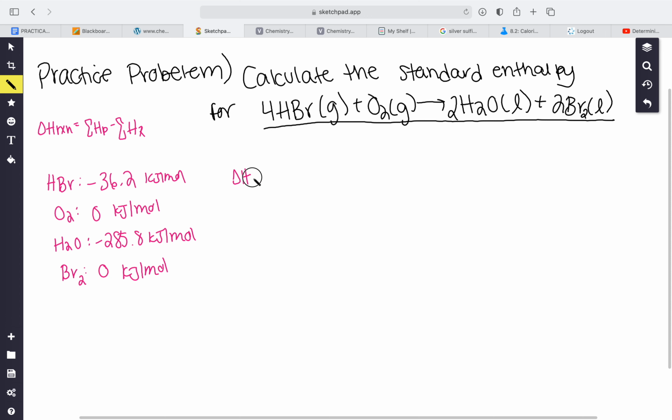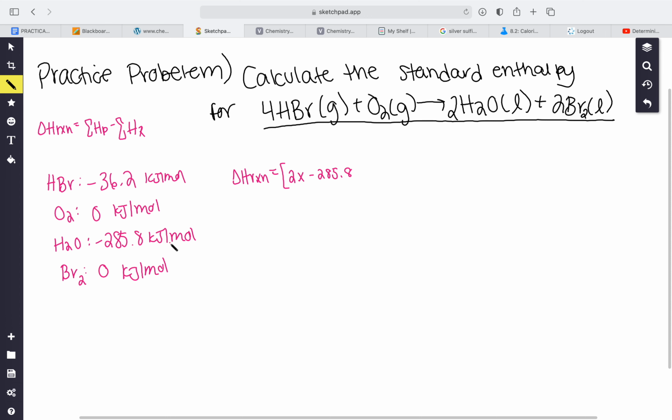So ΔH of the reaction is going to be equal to, let's start with the products, because that's what the equation calls for. The first product is water, so I'm going to do 2 times negative 285.8.